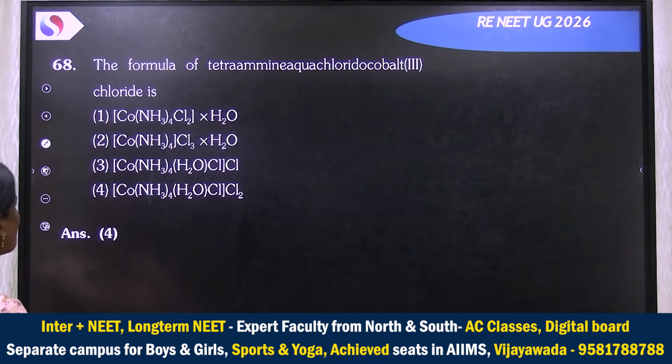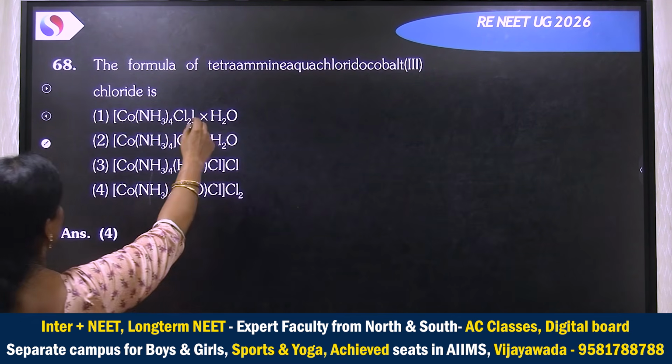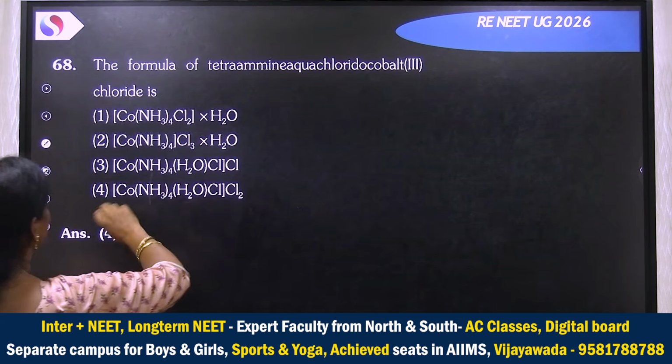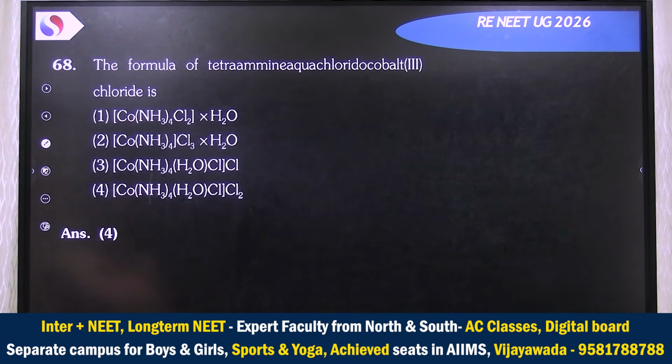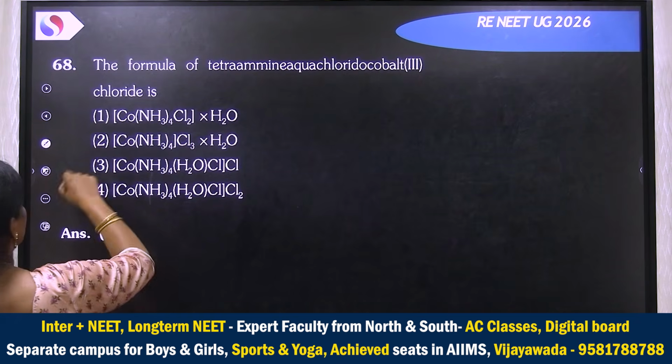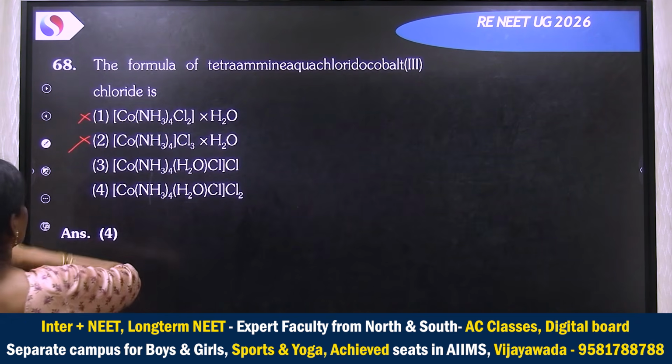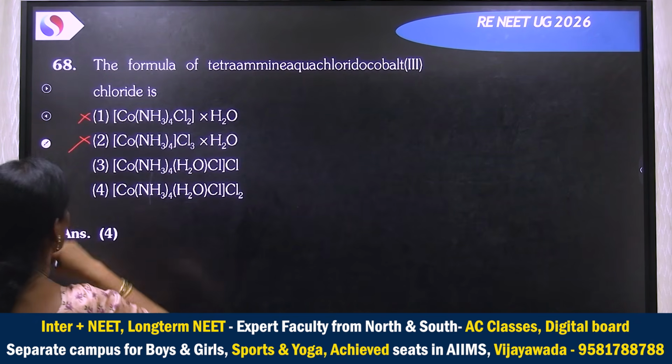In all the 4 complexes there are 4 amine ligands. And aqua is the H2O ligand. In the first complex there is no H2O ligand; H2O is present outside the coordination sphere in the first and second. So these two are not the correct formula.